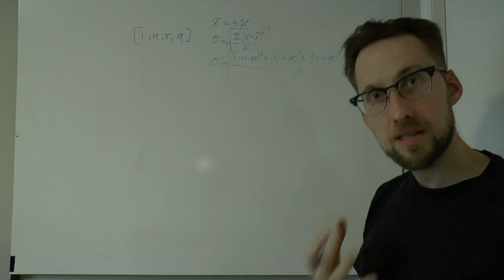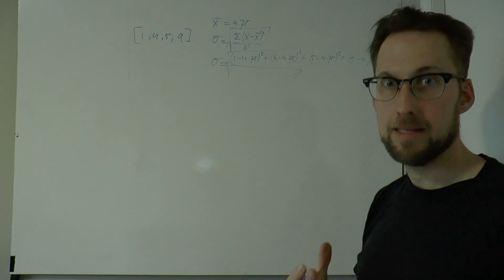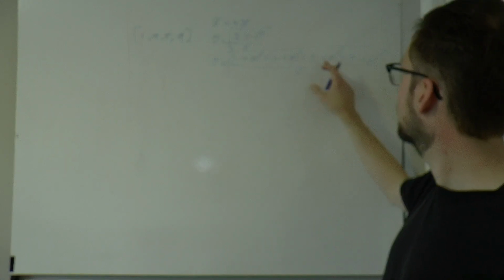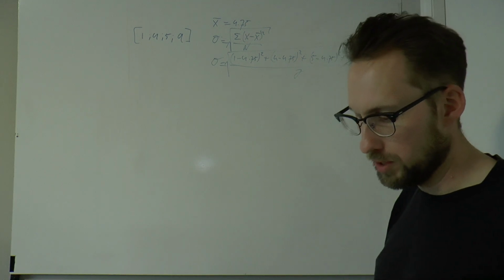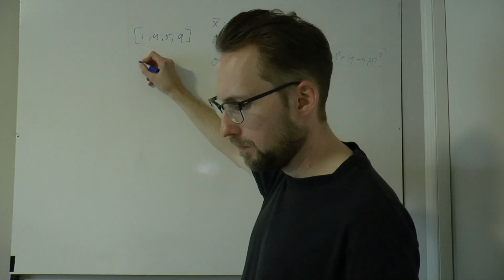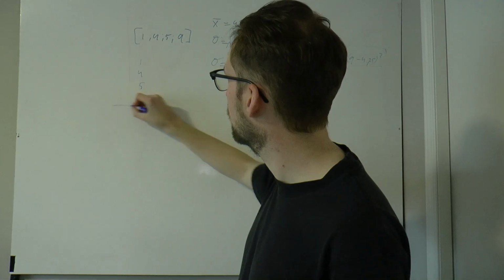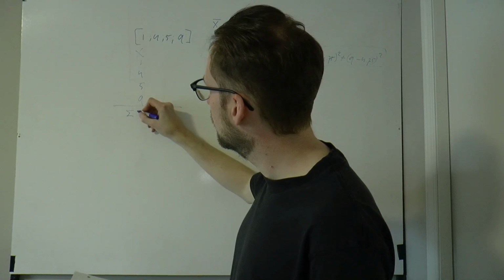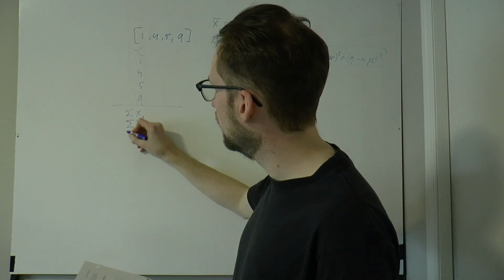Okay, now here you start to see, if you do this on a calculator, how much work this is. It's a lot of work to deal with numbers with a fraction in it, where you compute all these deviation scores. So why don't we try that other formula, 1, 4, 5, 9. These are the x's, and what did I need again? Sum of x, sum of all x's squared.